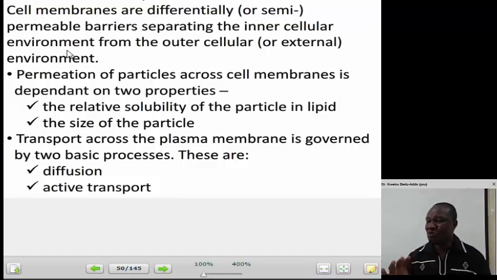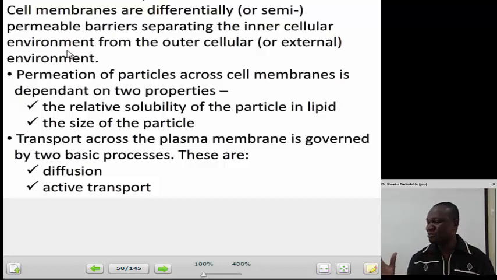Now, two main transport processes determine the movement of particles across the membrane. These are diffusion and active transport. So the membrane is a selective barrier.